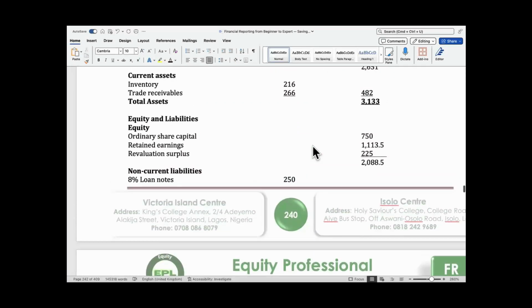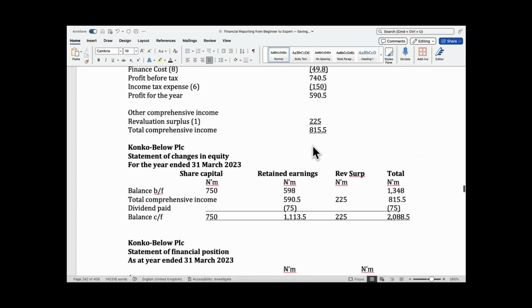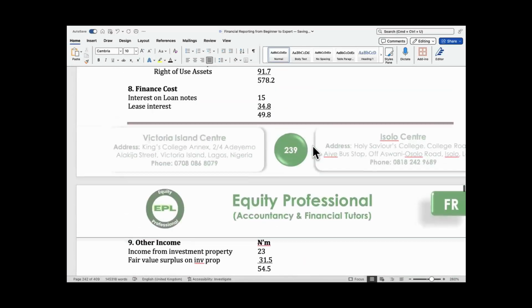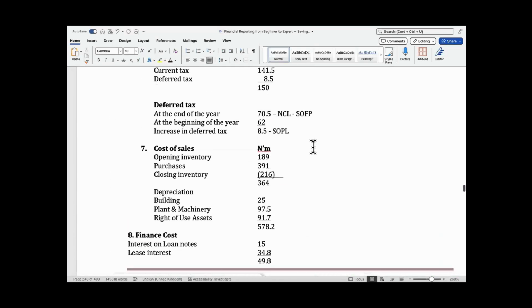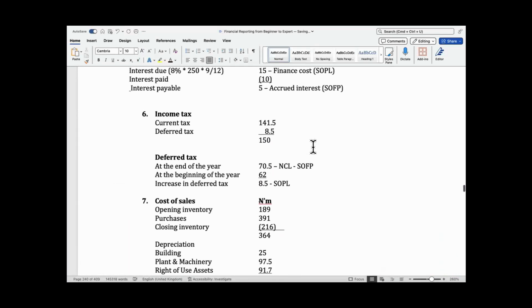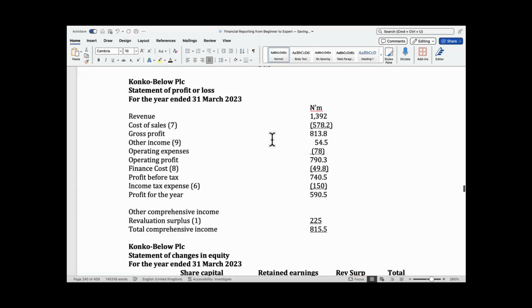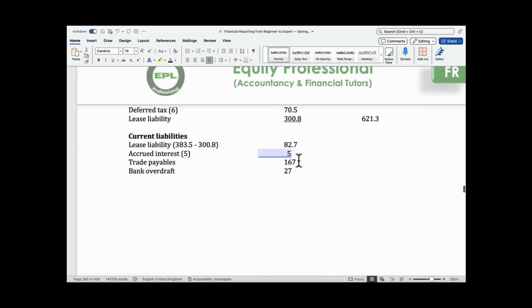Okay. Is there any other item that should go to current liabilities that we have not factored in? Yeah, there's current tax. This current tax should also be an item of current liabilities. Current tax payable, 141.5.